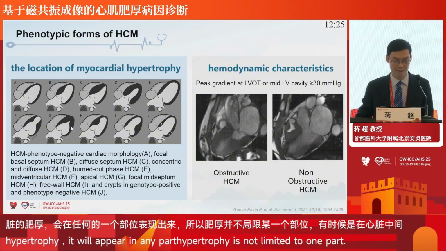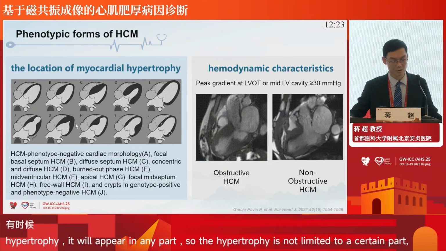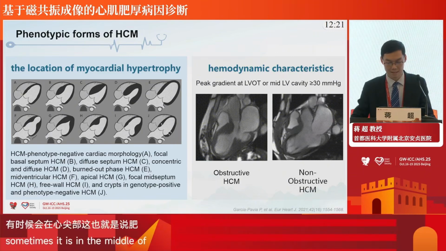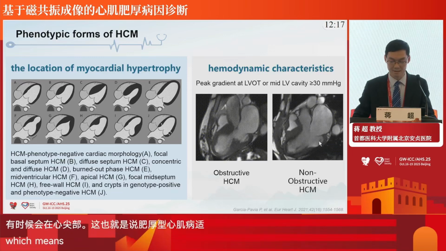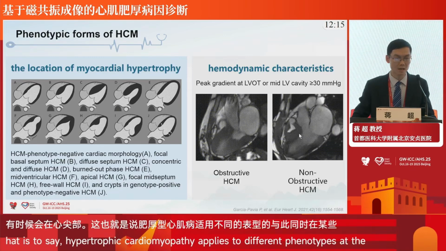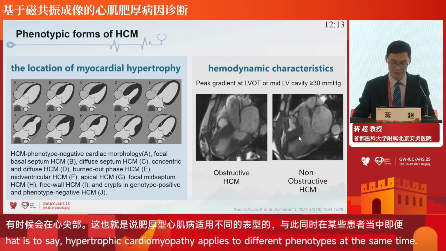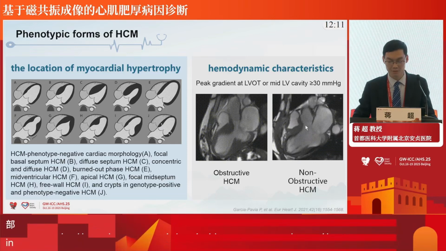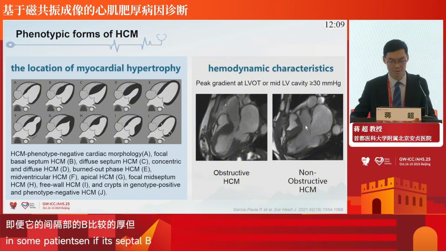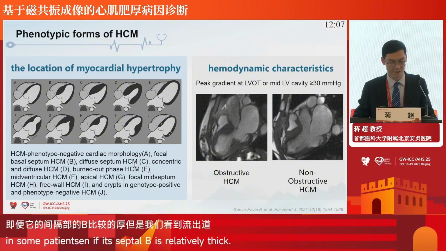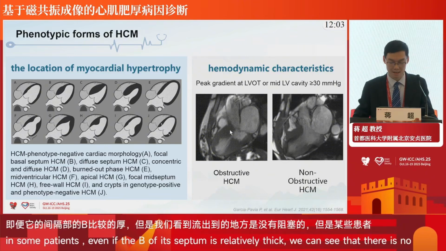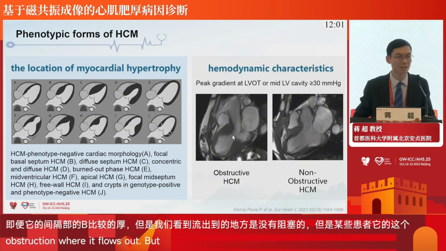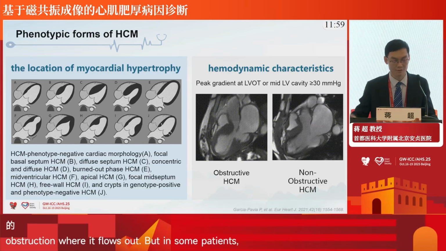These are the different types of hypertrophic cardiomyopathy. In some patients, even though the septal wall is thick, the outflow tract is not obstructed, but in some patients the basal septum is very thick and will cause obstructive hypertrophic cardiomyopathy.